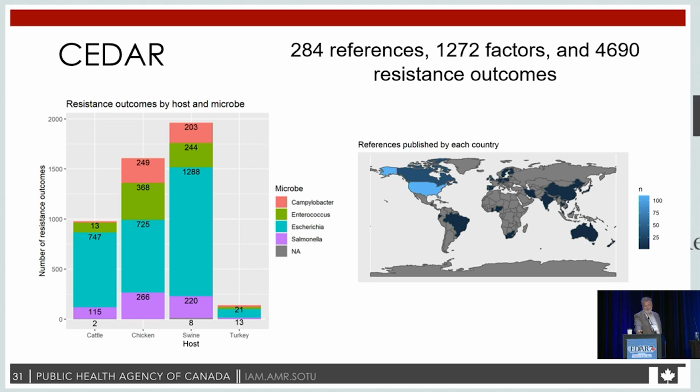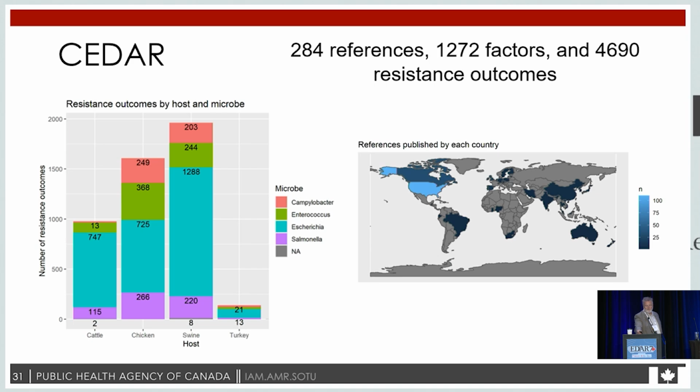You can see that most of the papers are about Salmonella, with a much smaller number being about E. coli, Campylobacter, and Enterococcus. And then the papers are mostly about chicken and pigs, but there's certainly some cattle papers, and our attempt to create turkey pathways wasn't particularly successful because there's not much information out there.